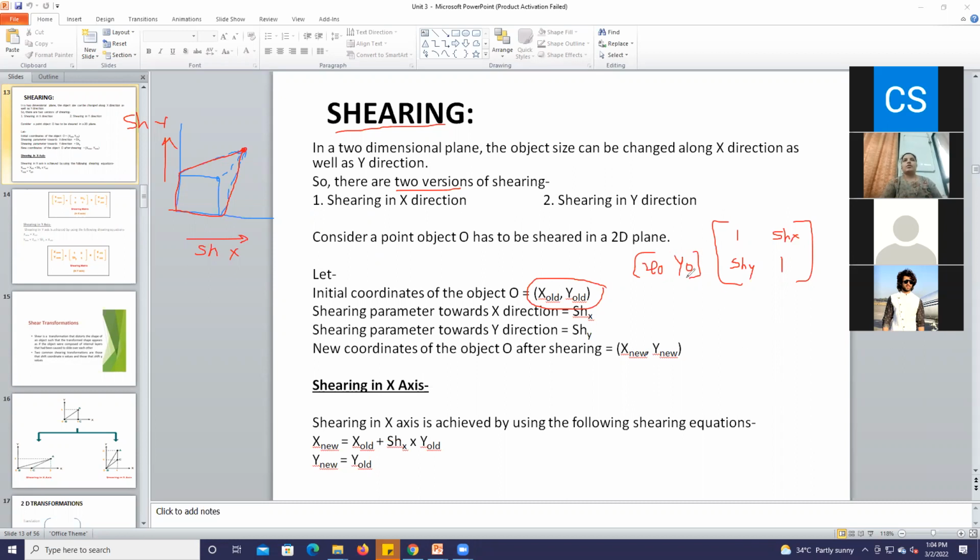So when old coordinates are multiplied by T matrix, then I will be getting the resultant as the new coordinates, xn and yn. So now perform the multiplication of the original by T matrix, and we will get the expression which will represent your x new and y new. So I will write in short x new.